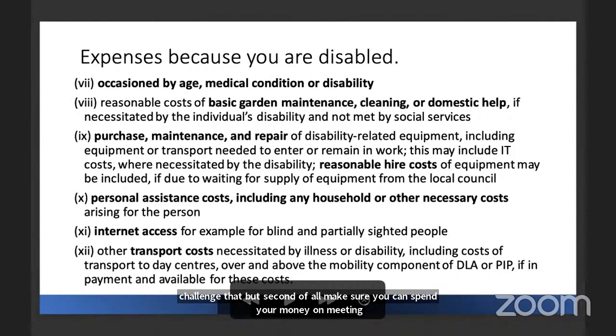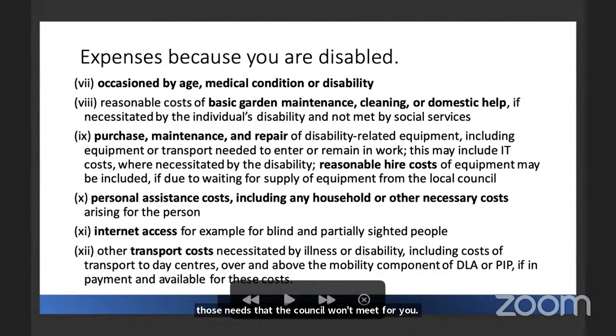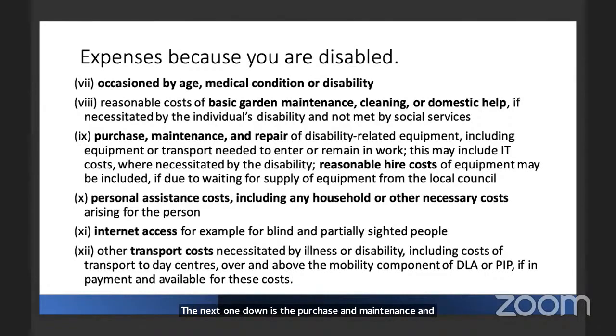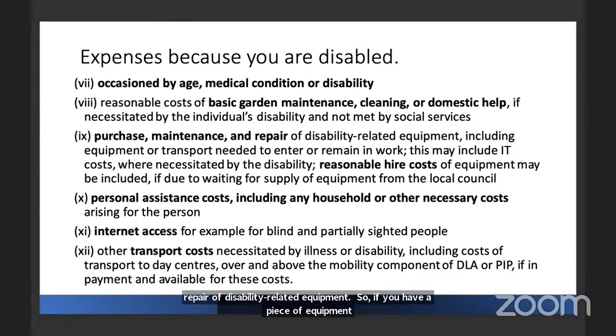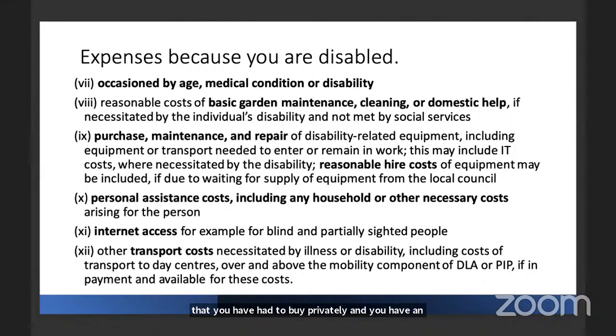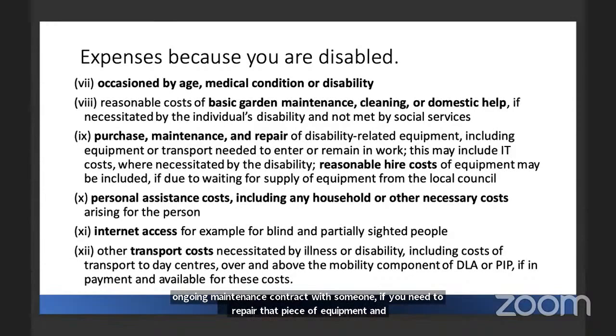The next one down is the purchase and maintenance of and repair of disability related equipment. So if you have a piece of equipment that you've had to buy privately and you have an ongoing maintenance contract with someone, if you need to repair that piece of equipment and it can't be repaired for free, that's a disability related expense.